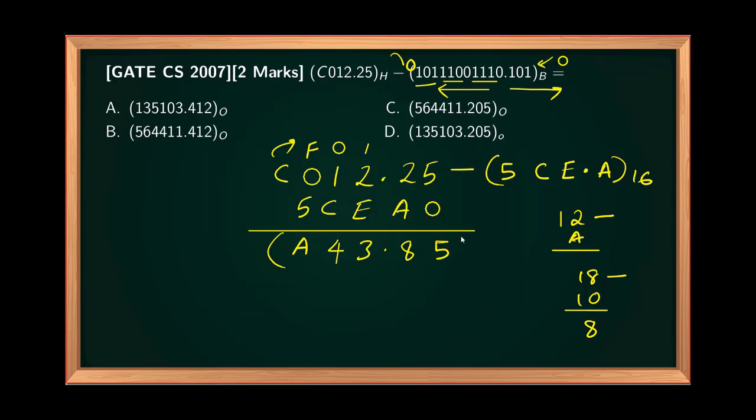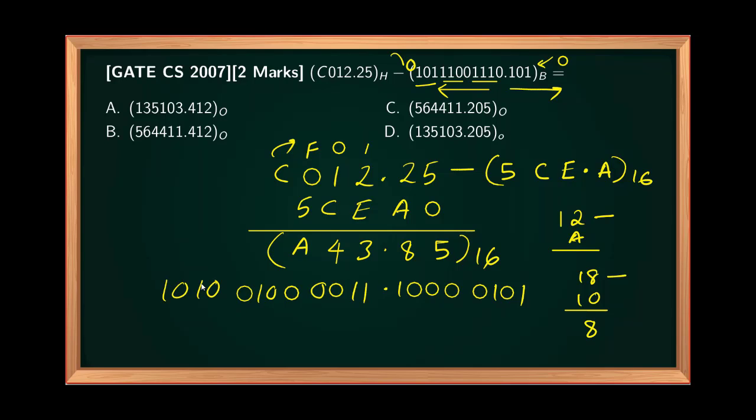That is in hexadecimal. To convert into octal, we should convert: 8 is 1000, 5 is 0101, 3 is 0011, 4 is 0100, A is 1010.